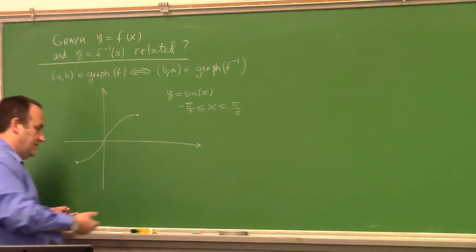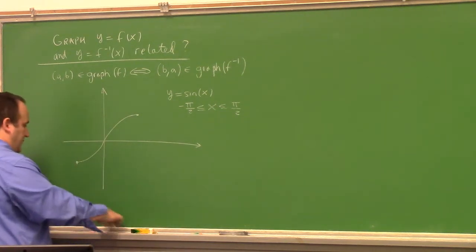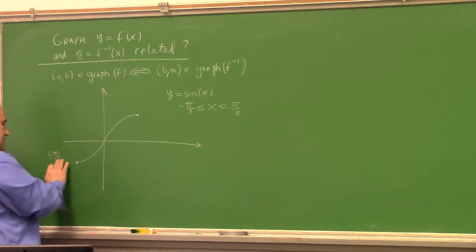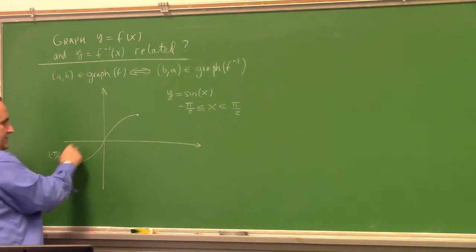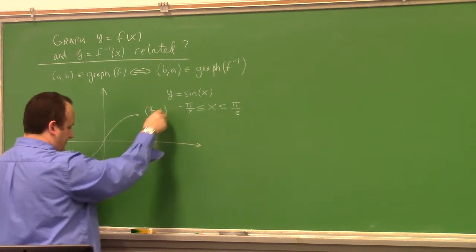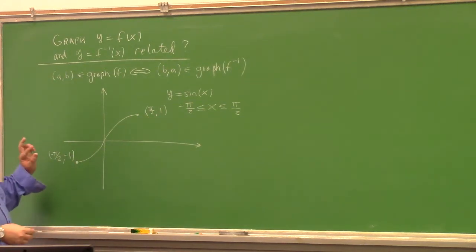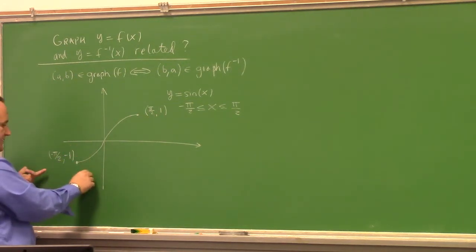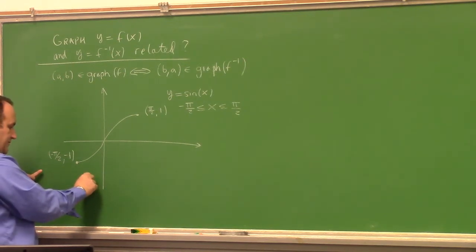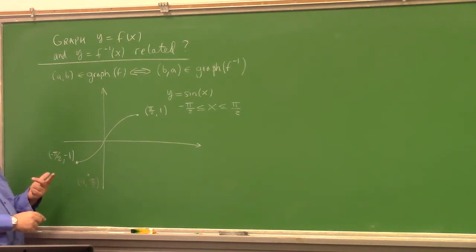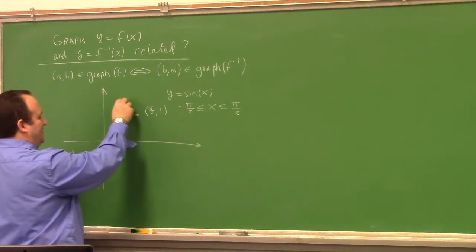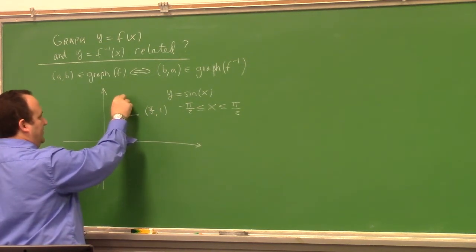And what does the graph of the inverse look like? Well, this point here is (minus pi over 2, minus 1). This point up here is (pi over 2, 1). So for the inverse function, you flip-flop those. So it's down here, (minus 1, minus pi over 2), and this one flips up here somewhere.